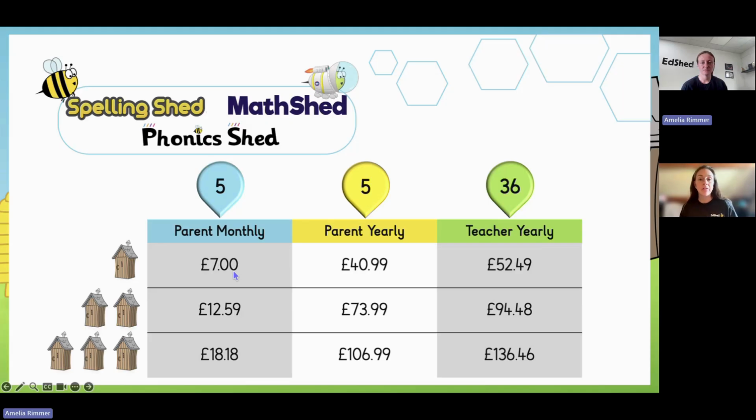But if you tutor more than that, or you've got a home educator group within the community, a yearly teacher one would be for you because that's up to 36 pupils. But all of the content is exactly the same. The only difference between parent and teacher is how many pupils you can add. So there's lots of savings to be had if you wanted more than one. So those are all of your different options, just to make it nice and clear for you.